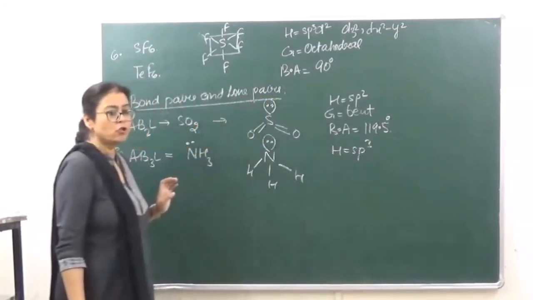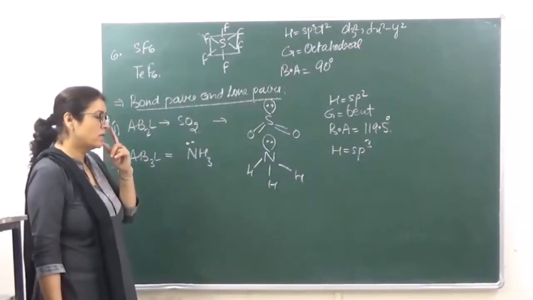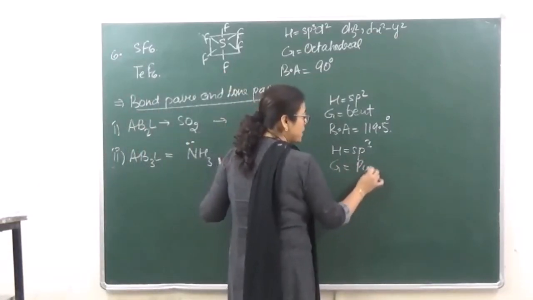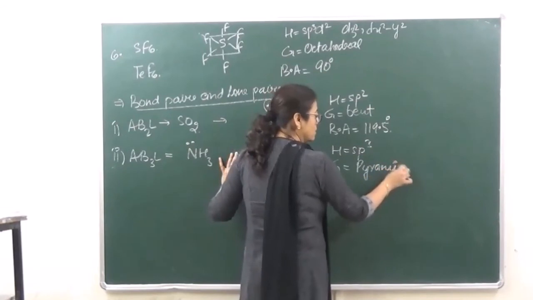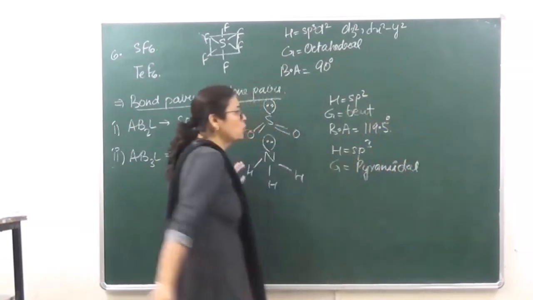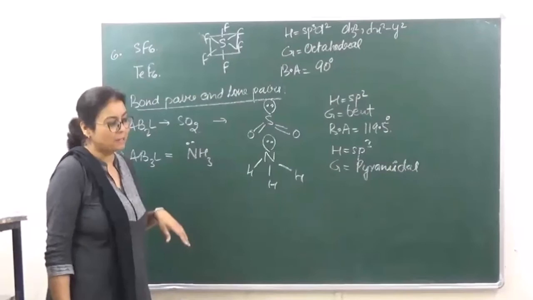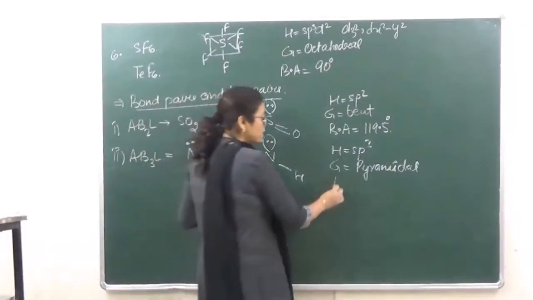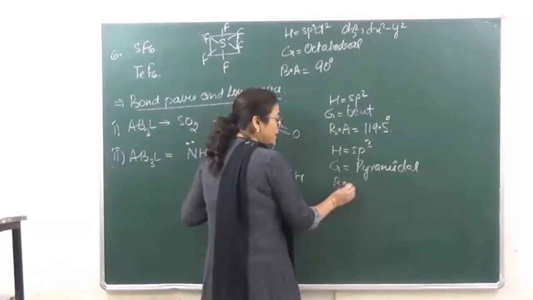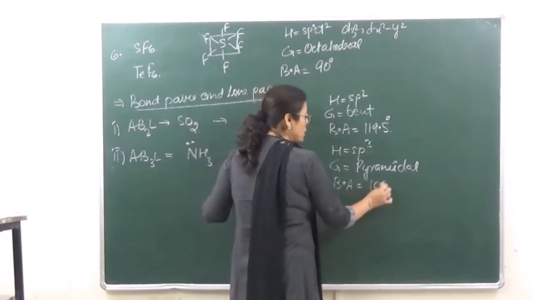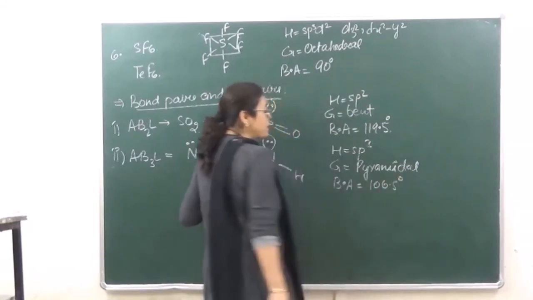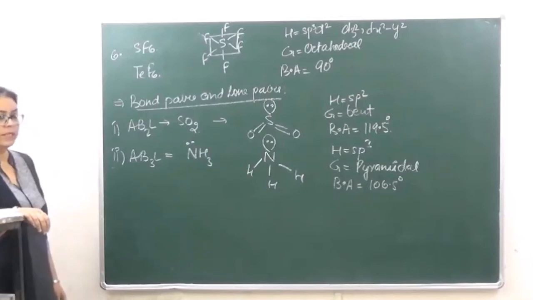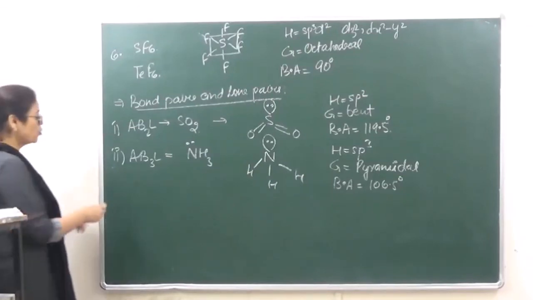So the shape of sp3 should be tetrahedral, but the geometry over here is pyramidal. Again due to lone pair bond pair repulsions, so bond angle also decreases over here. It decreases from 109.5 to 106.5 degrees.